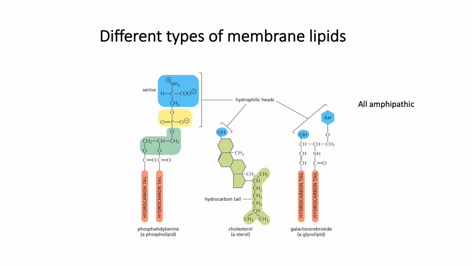Now, if we look at cholesterol, cholesterol is a much smaller molecule. Also has a hydrocarbon tail, so it's amphipathic, and the only polar portion is this single OH group. And it also has a series of ring structures, which makes it kind of a flat molecule. And it ends up inserting into the membrane. And then we have the glycolipids, also two nonpolar hydrocarbon tails, and then they are attached again by kind of this glycerol molecule, which is CH2.